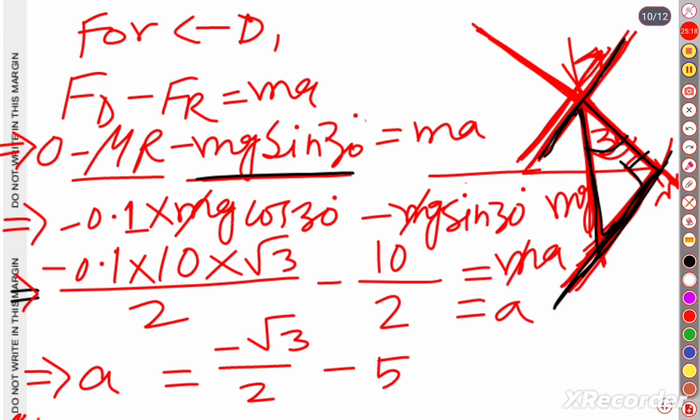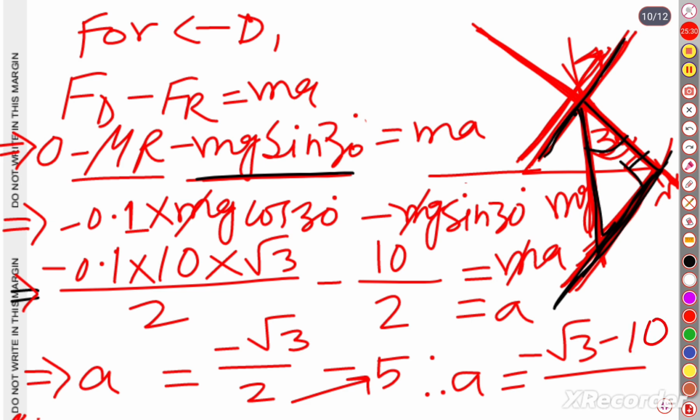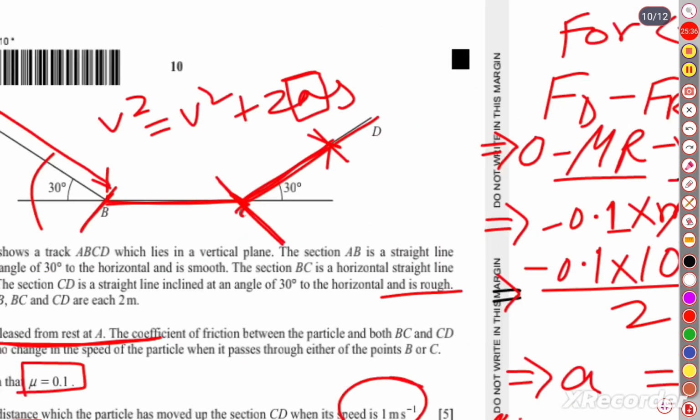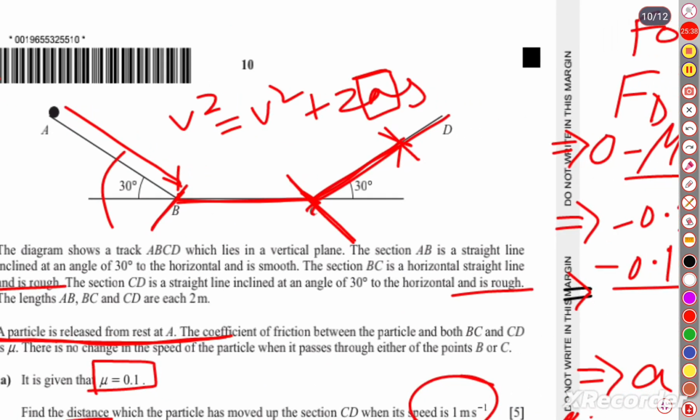Then ultimately our acceleration is going to be negative root 3 minus 2 fives are 10, minus 10. So this is the acceleration at any point over here.